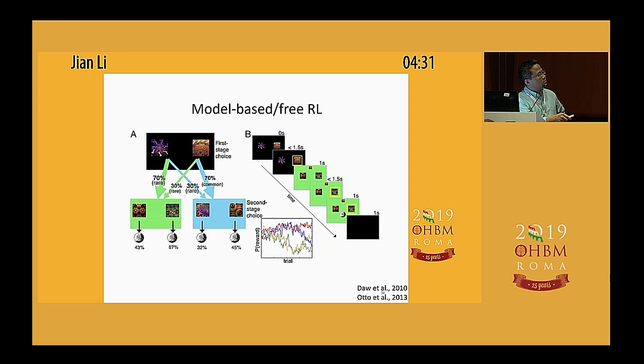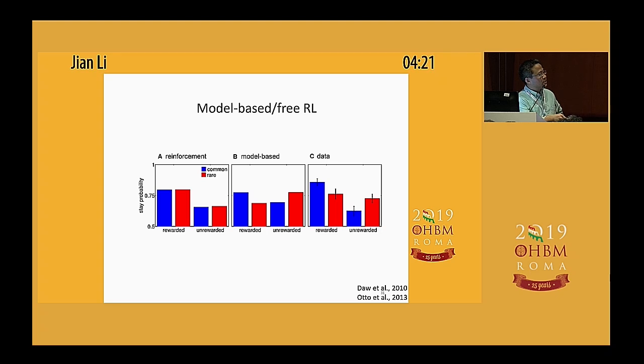But we know from a model-based perspective that most of the time, this option doesn't lead you here. It's this option. So there is a direct contradiction between the predictions of the model-free and model-based reinforcement learning, if you just focus on the red bar in the rare condition, and also the red bar in the rare condition in the unrewarded situations.